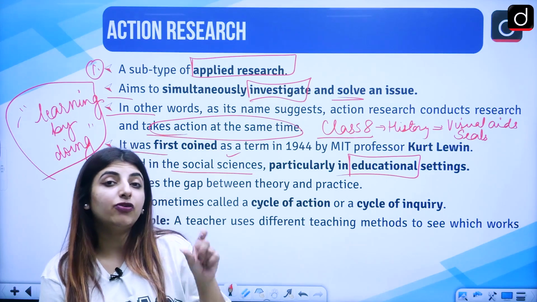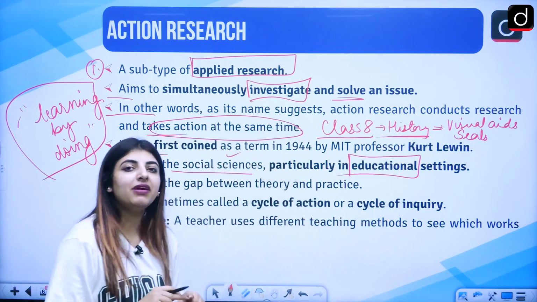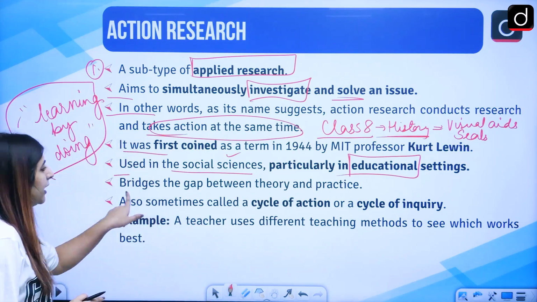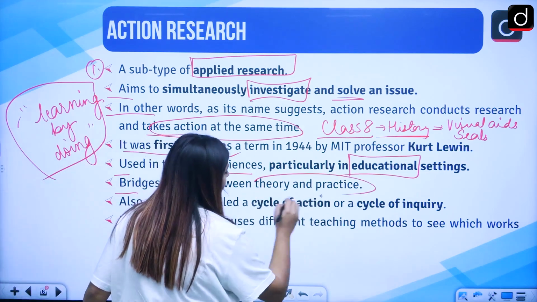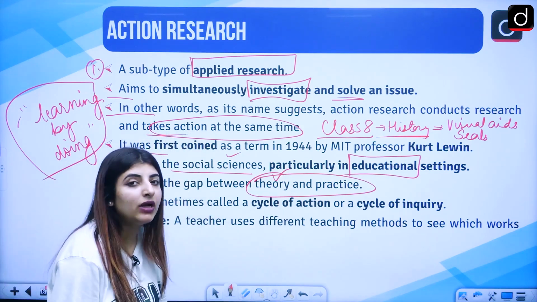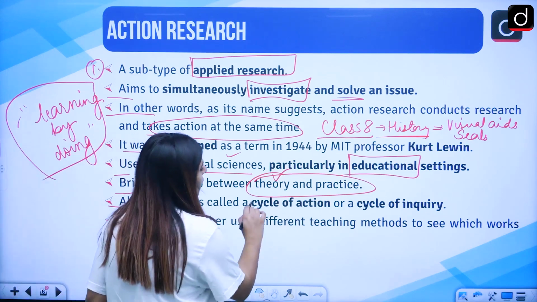This is how you find a solution to a specific problem which cannot be generalized to all classes in that school. It bridges the gap between theory and practice, because the teacher participates and molds the ways. Sometimes it is called a cycle of action.